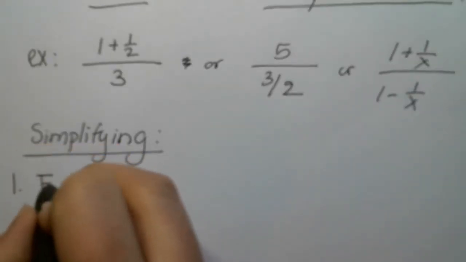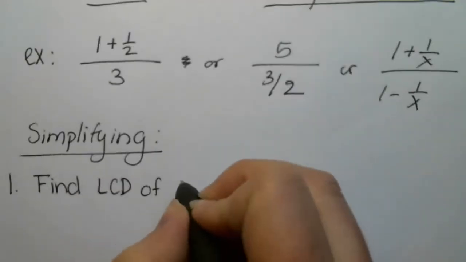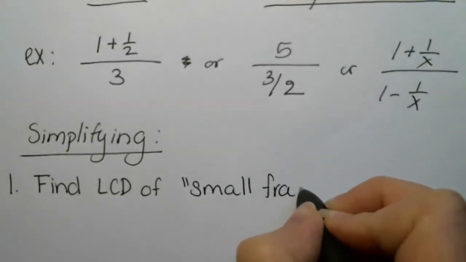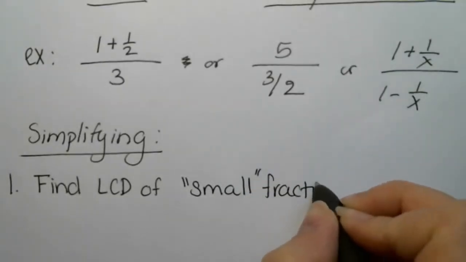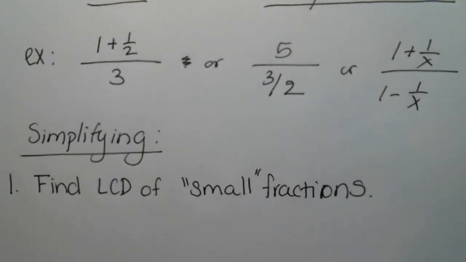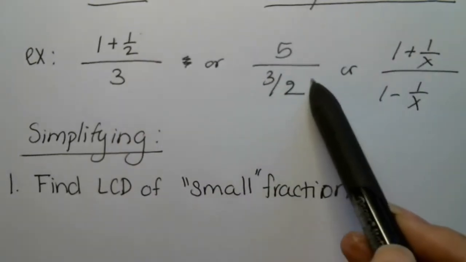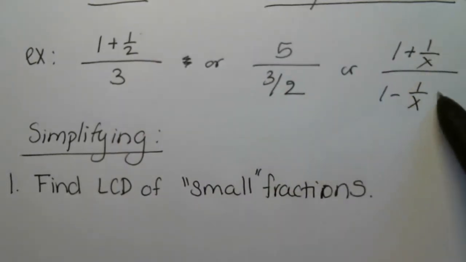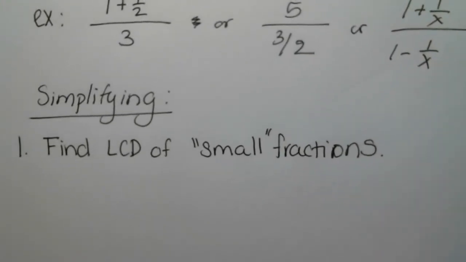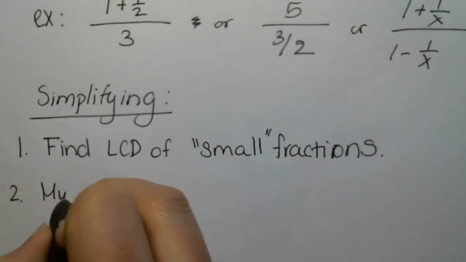Okay, so the first step is to find the LCD of the small fractions. Okay, and what I mean by that is the inner fractions. So here I would be talking about 1/2, here I'd be talking about 3/2, and here I'd be talking about the 1 over x.